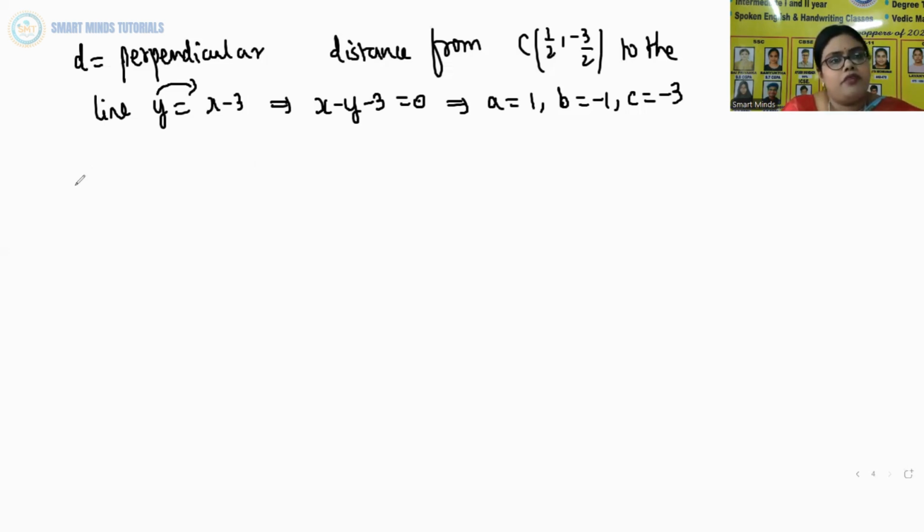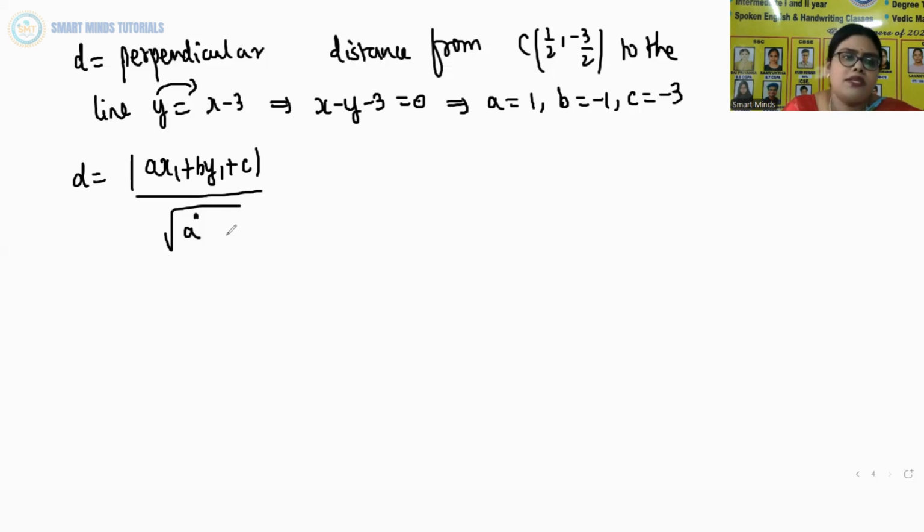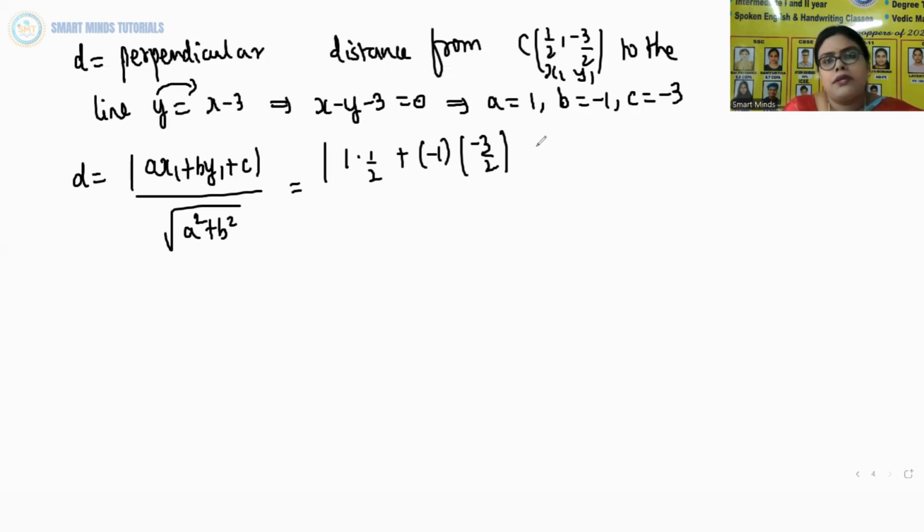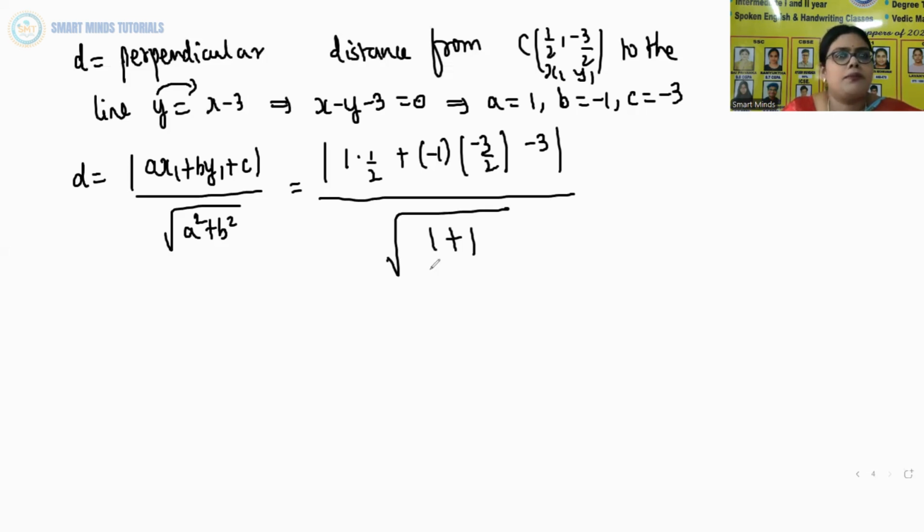Okay. Now we write the formula for d, that is mod of a x1 plus b y1 plus c by root a square plus b square. So that is mod a is 1, this 1 by 2, minus 3 by 2, we take x1, y1. So x1 is 1 by 2, plus b is minus 1, y1 is minus 3 by 2, plus c is minus 3, by root over a square plus b square, 1 plus 1.